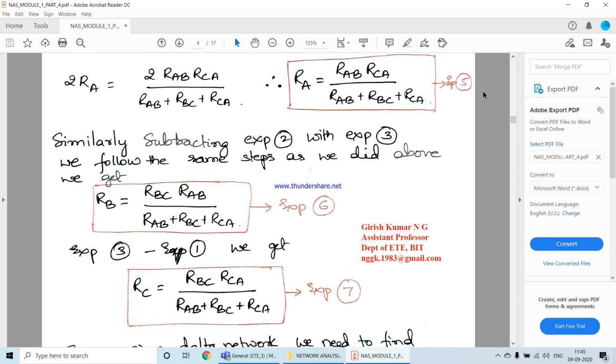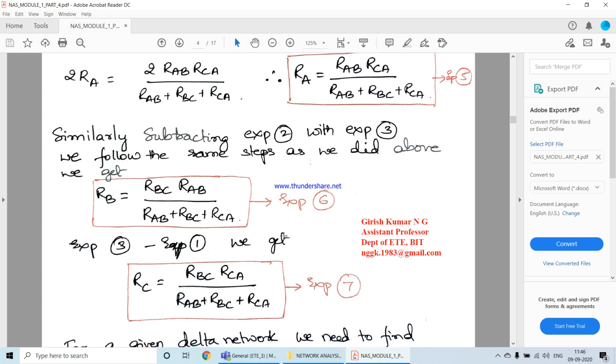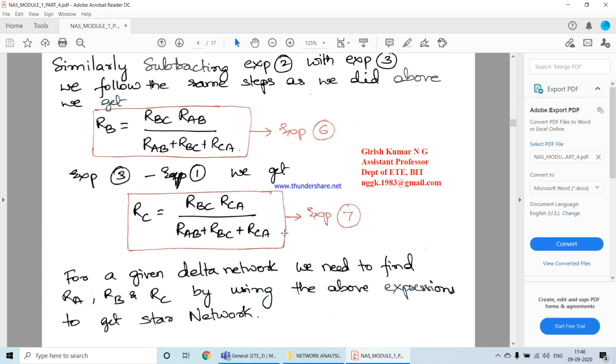Now you see, you got expression 5, expression 6 and expression 7, which give you RA, RB and RC in terms of RAB, RBC and RCA. Therefore, when you find RA, RB, RC, you started with delta and with this RA, RB, RC you replace the delta format with a star format. Understood? Now, coming to the next step.